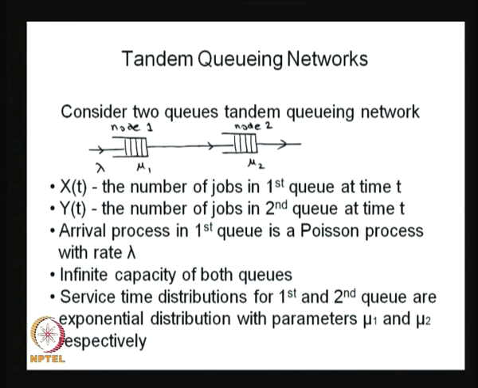Since X(t) and Y(t) are the number of jobs in the first queue and second queue, and you are observing over time how many customers are in the first node and how many in the second node at any time t, this is a discrete state continuous time stochastic process.